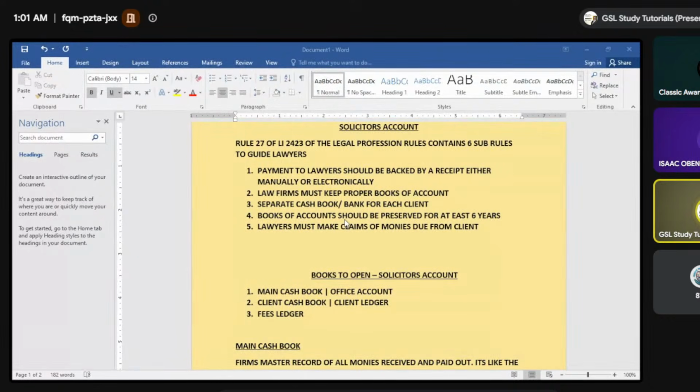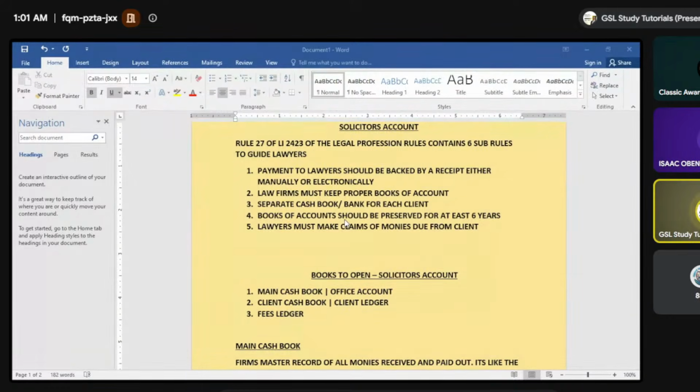When you mention client cash book, I want you to know it has a relationship. It has a dating relationship, or an office romance, with office account. Meaning they have something to do with each other, which we'll be using to solve questions this morning. When you hear client cash book, know that it has a side partnership with client ledger.